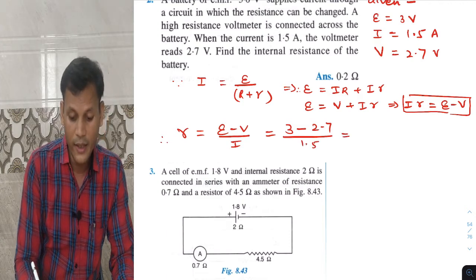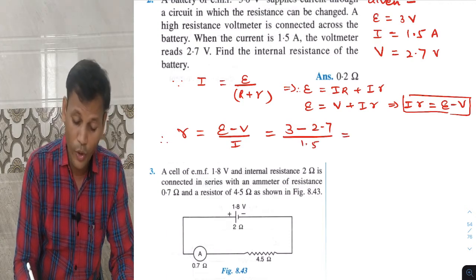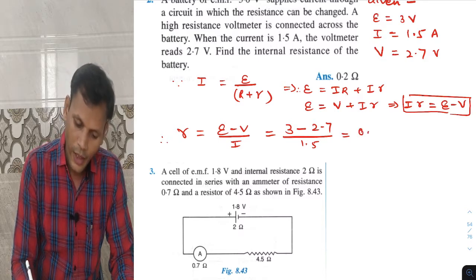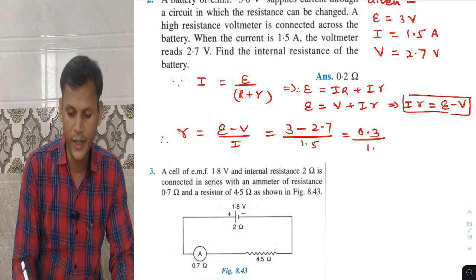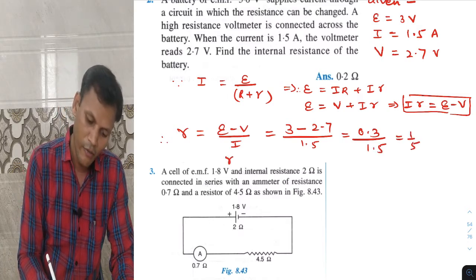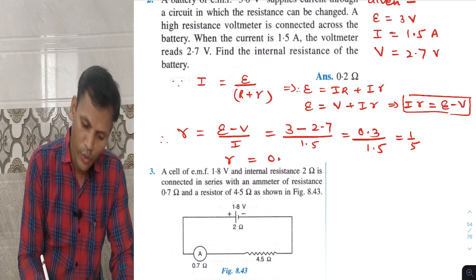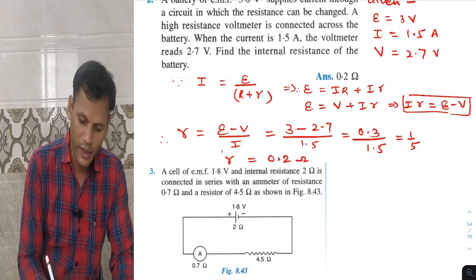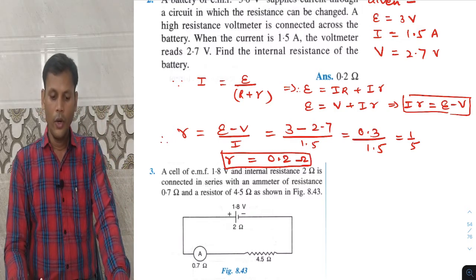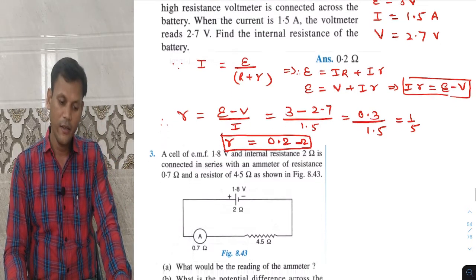So 3 minus 2.7 will be 0.3 upon 1.5. 3 fives are 15, 1 by 5, 1 by 5 is 0.2 ohm. This is the internal resistance. Okay, so we get the value.